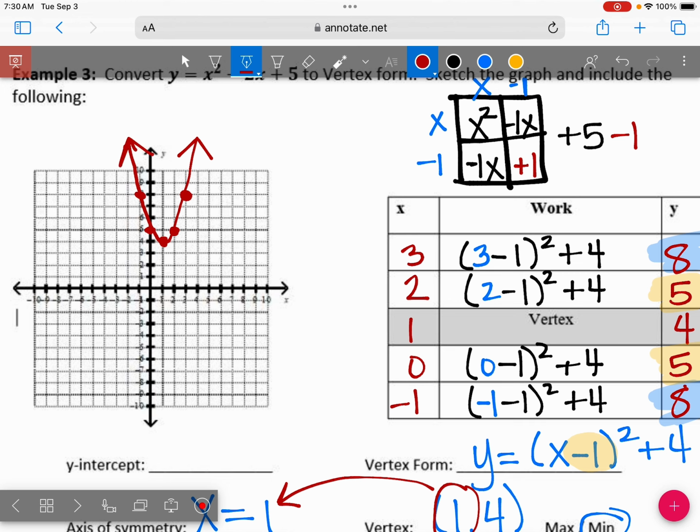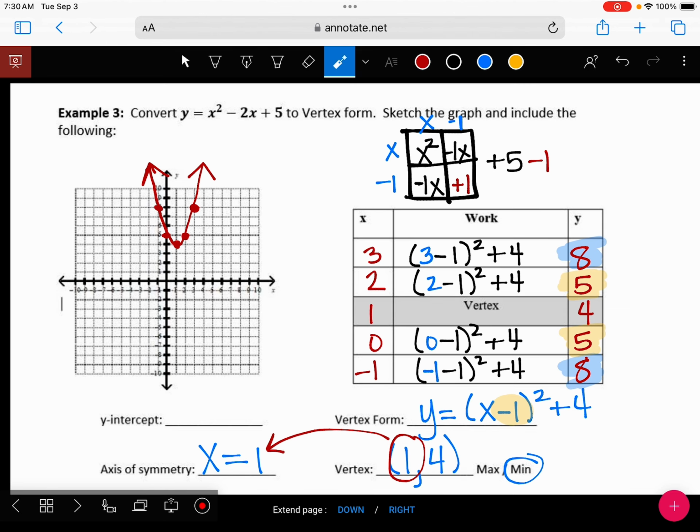All right, so that would be our graph. And I forgot to fill in the y-intercept. When you look at these three, which one of these numbers is our original? 1, negative 2, or 5? 5. Yep, and we could also see it here. When x is 0, y is 5. So that means that is our y-intercept.